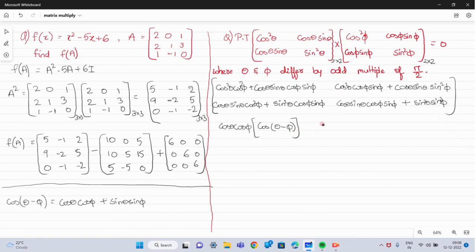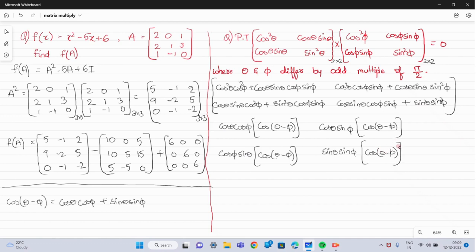Similarly, take cos theta sin phi common. The same thing will remain inside. Here cos phi sin theta common. The same thing will remain. Here sin theta sin phi common. The same thing will remain.